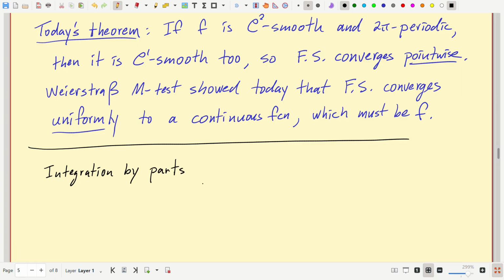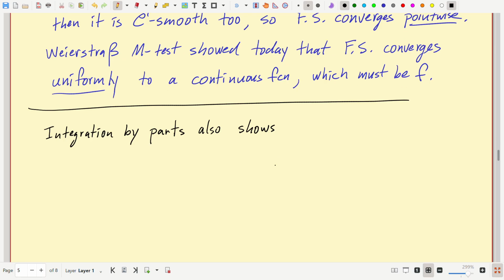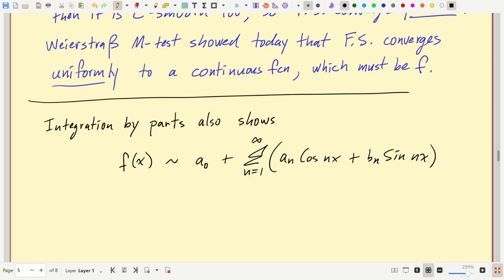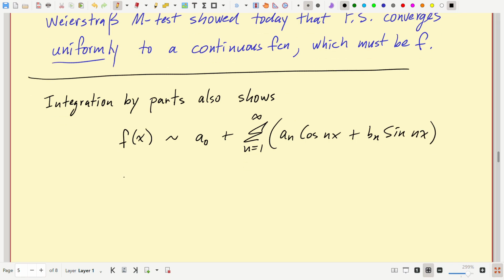So integration by parts also shows, okay, we have an f of x which corresponds to a Fourier series. And guess what? If you did the Fourier series for the derivative, it would be term by term differentiation.